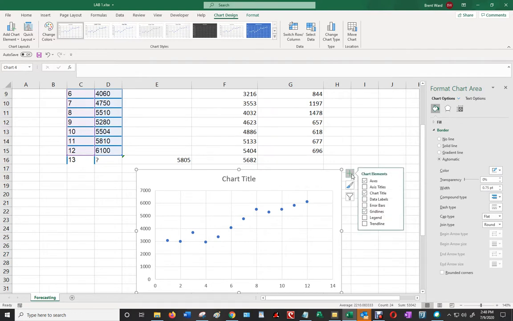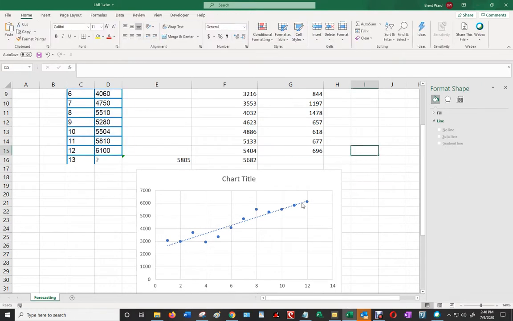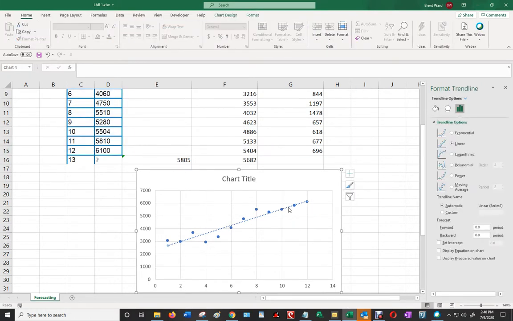I'm going to click on plus, and go to trend line, and that puts the trend line on it. Then I'm going to put my mouse right on that dotted trend line, left click, and then right click again and go to format trend line. A screen should pop up on the right. Select display equation on chart.